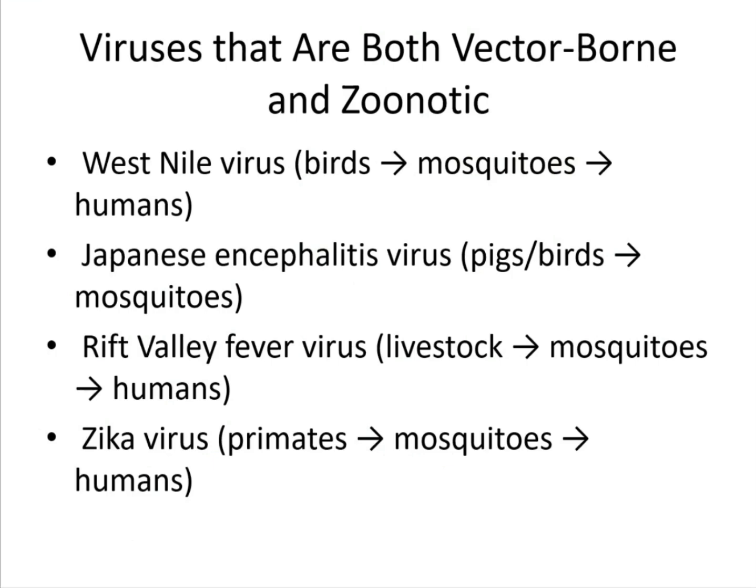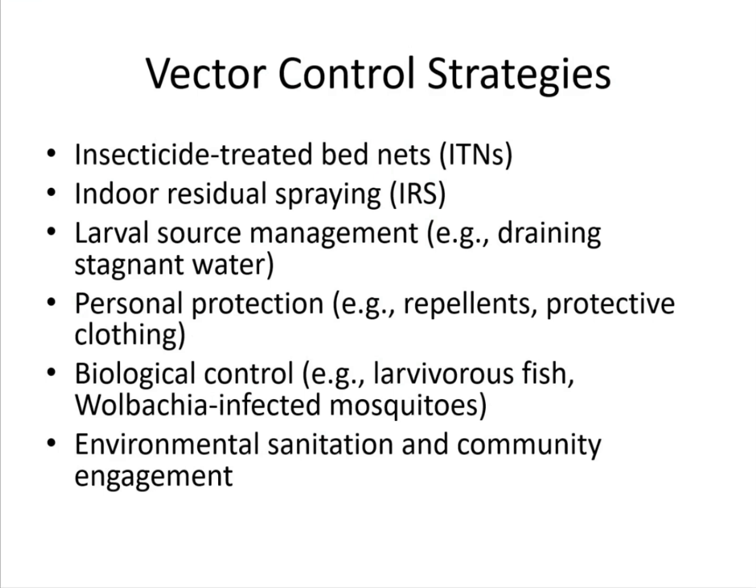This slide just kind of says the same thing we said before, that some viruses are both vector-borne and zoonotic. So it just depends on the context. Besides supportive care and vaccinations, which is mainly the treatments that we give or the preventative strategies, vector control in these cases is important, and is the whole strategy to kind of take care of this stuff.